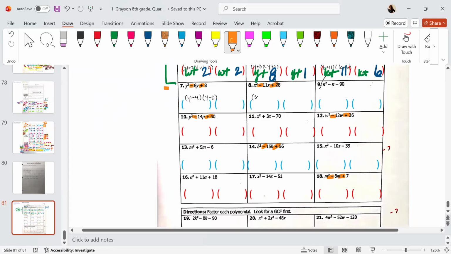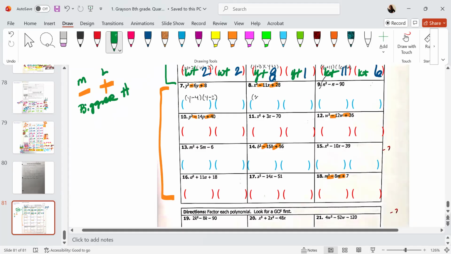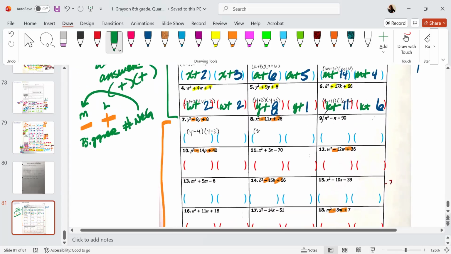Do you see the orange ones right here, with a minus and a plus? When the minus is the middle number and plus is the last number, the bigger number has to be negative in order for the middle number to be negative. Do you see that? So that's another situation. Do you understand?